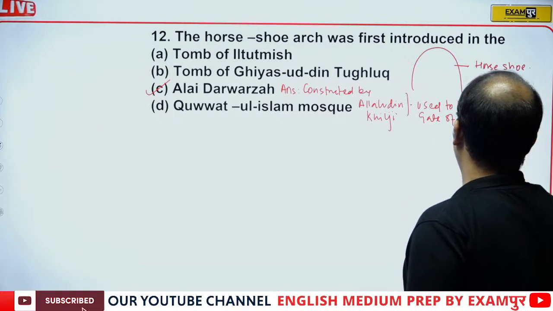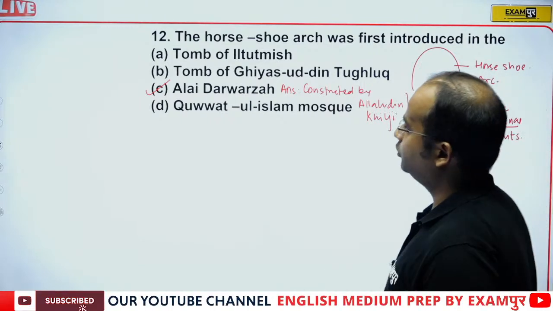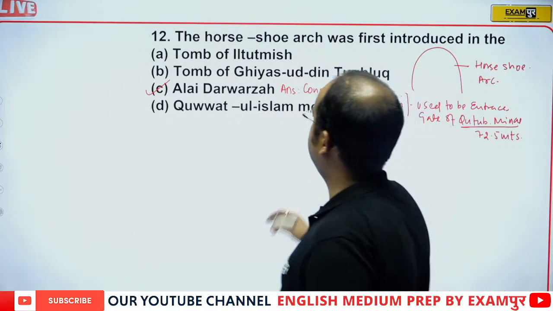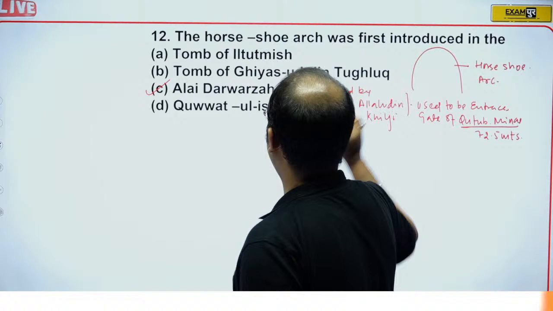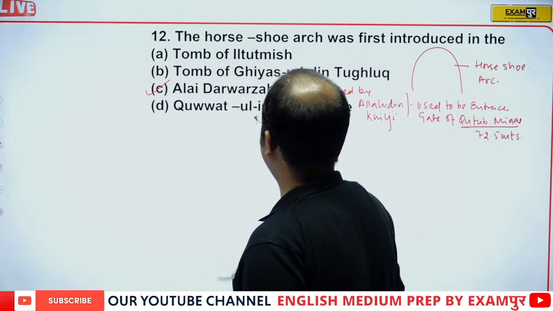The height of Qutub Minar is 72.5 meters, guys. And the tomb of Iltutmish is also in the Qutub Minar complex.